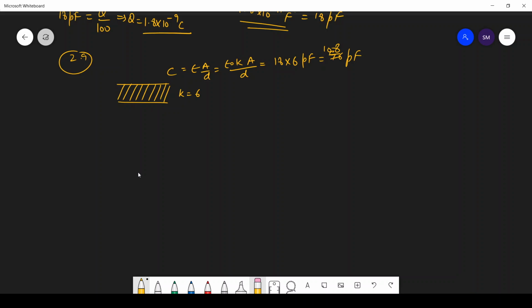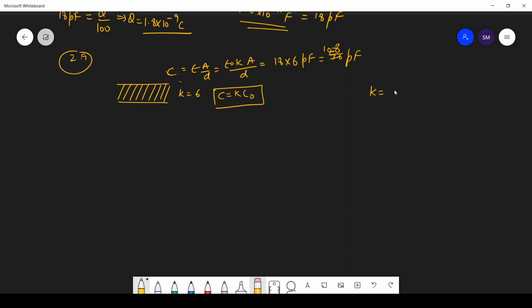So what will be the charge on the capacitor? Students, instead of writing this formula, can we simply write C is equal to K epsilon naught A by D, where epsilon naught A by D is C naught. Yes, we know this formula.